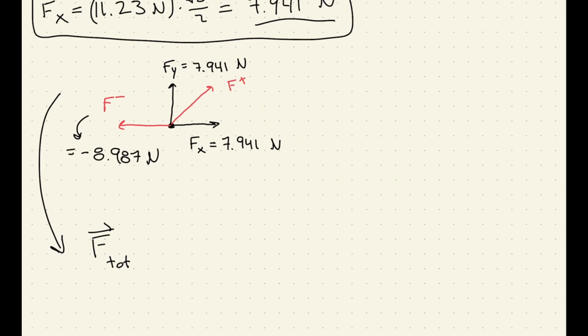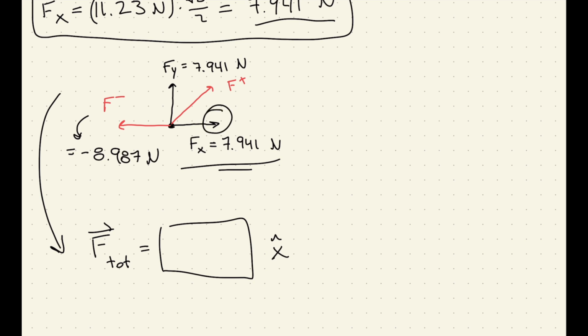And now that we have everything in components, we can actually find it very easily. What is the addition of vector quantities in the x direction? Well, we have this 7.941 in the positive x direction, and we have this thing pulling it in the negative x direction. So we have literally in your calculator 7.941 newtons plus, you can do a plus, but here notice it is a negative, so technically it is minus, right?